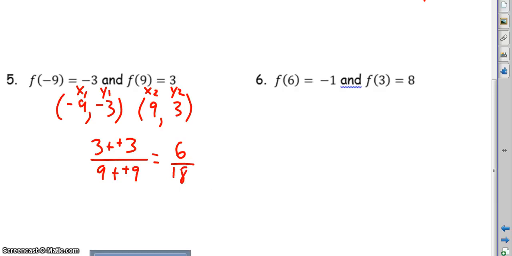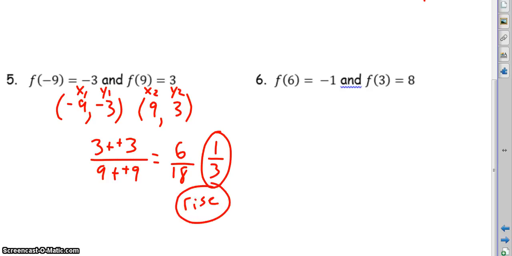But that can be reduced to 1/3. So that's the slope of this line. Because it's positive, the slope would rise, or have the line rise.